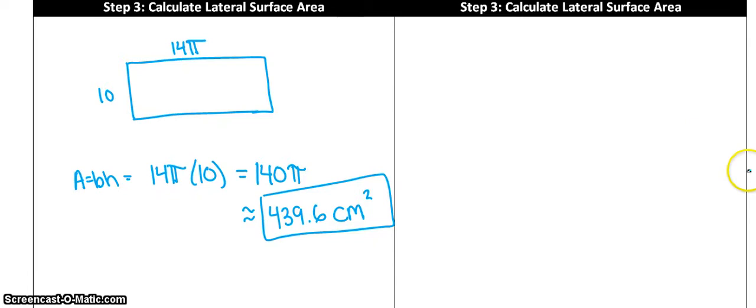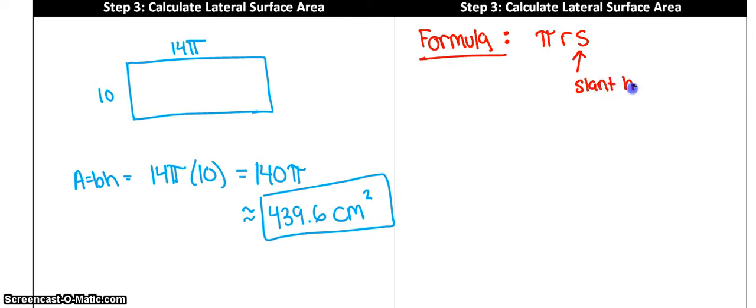Now to calculate the lateral surface area, you do need a new formula. Okay, so this is the one formula you do have to know that's new for surface area. And the formula for the lateral surface area of a cone is pi times your radius times s, which s is the slant height. Okay. So multiply pi times the radius times the slant height, and you will get the lateral surface area.